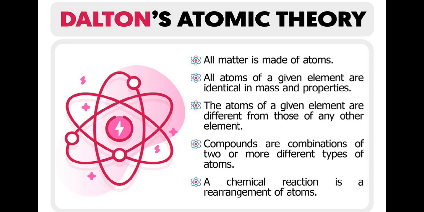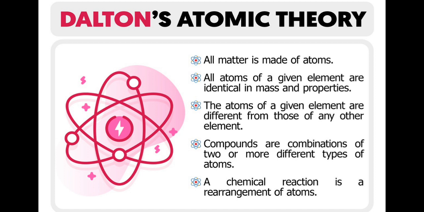Now, these theories were published as far back as 1808. As chemistry evolved and kept developing, there were some discoveries that tried to alter the theories that John Dalton published.